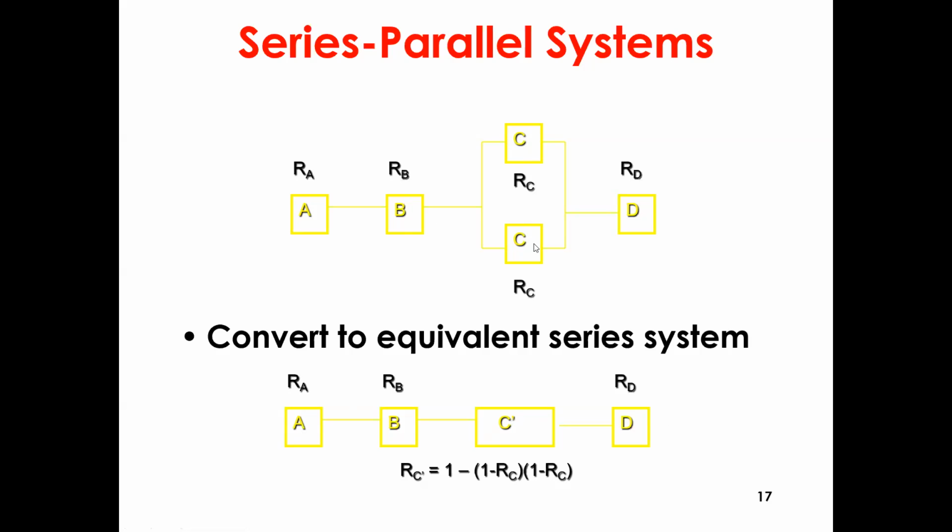You need to first resolve the parallel connection, so that instead of two components, you have a single component. This is the formula to go about that. At the end of the day, you have a series connection, and then you can multiply all the reliabilities to know the reliability of the system.